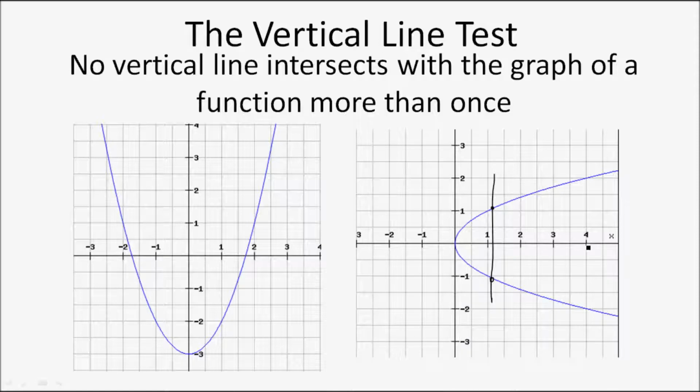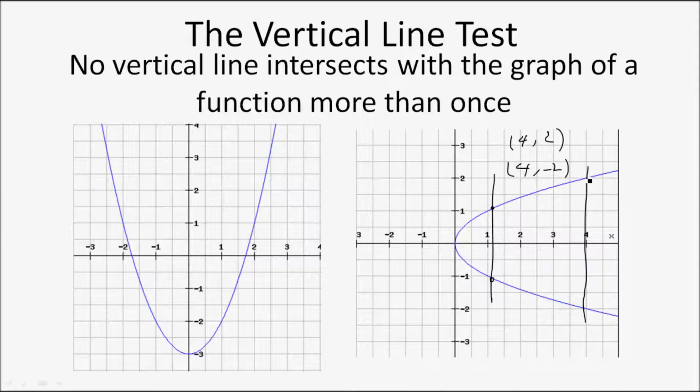For example, if I draw this other vertical line, I see this one also intersects with the graph more than once. So it's clear that these 2 points, 4, 2 and 4, -2, are both part of this graph.